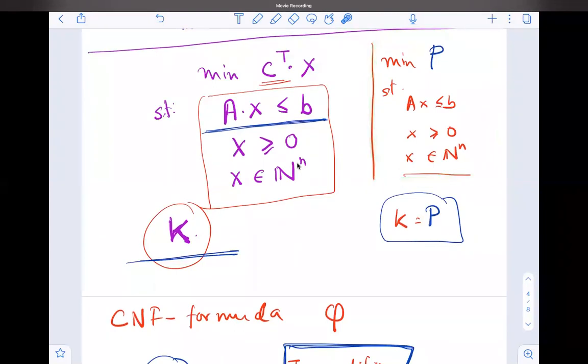If the conditions are satisfied, then it outputs P. If the conditions are not satisfied, it doesn't output anything. It outputs nothing, the empty set. You are asking for the lowest point of the empty set.